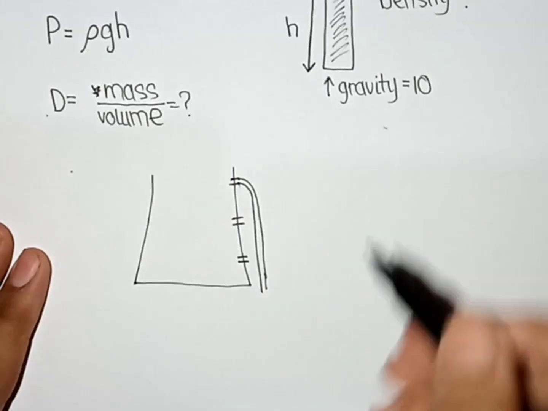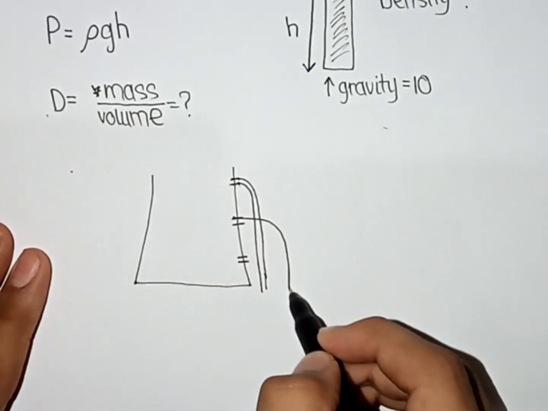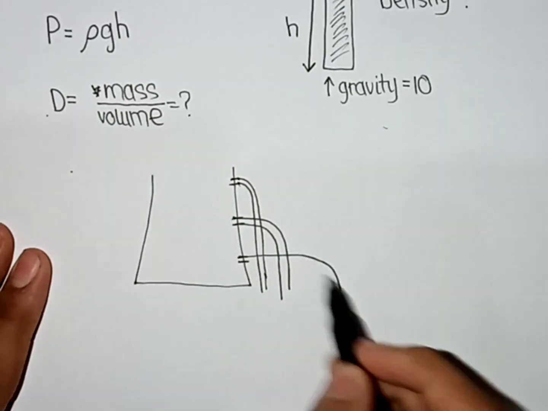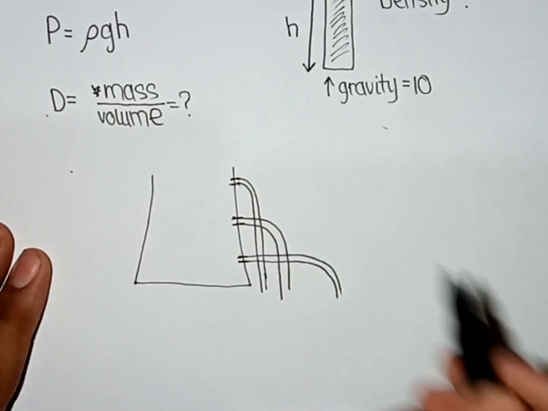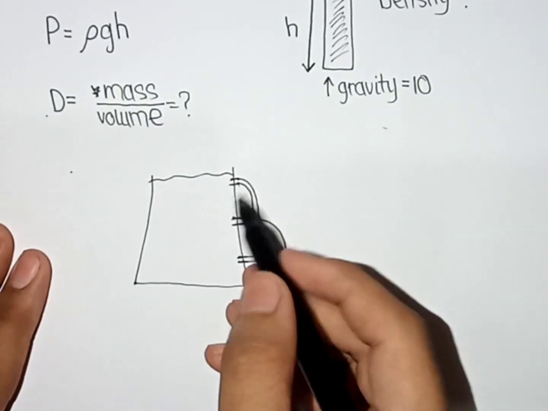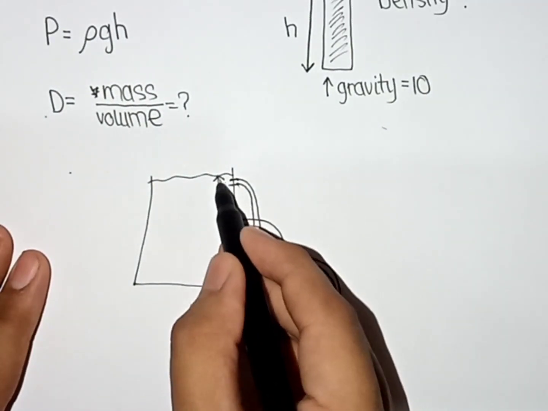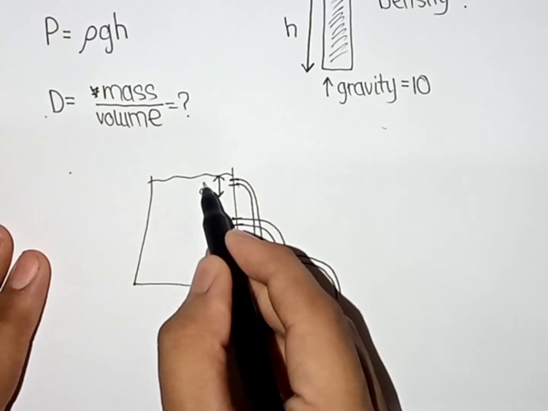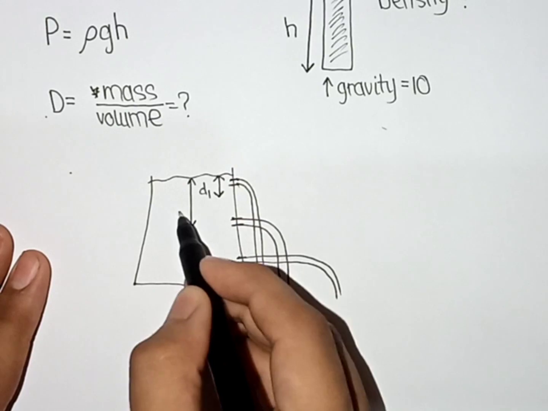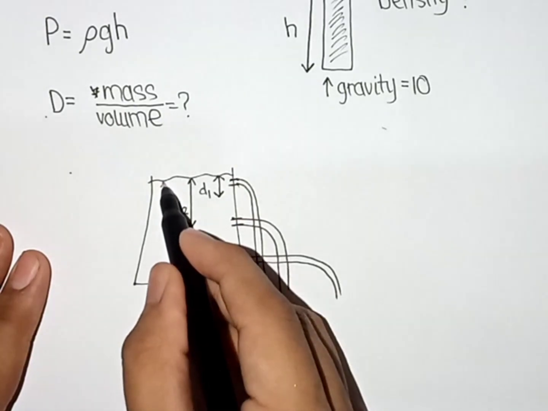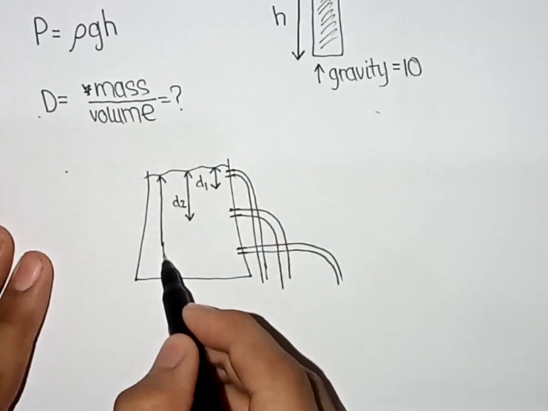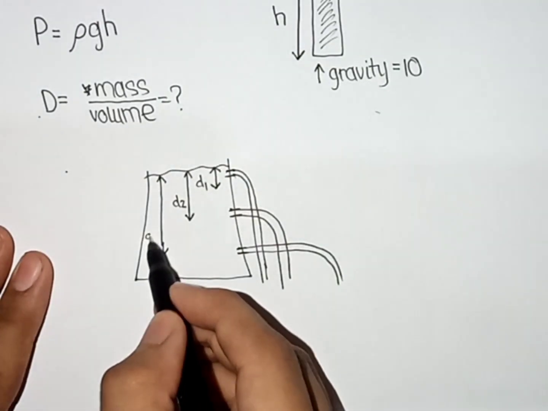From here the water will pass like this, from here the water will pass like this, and from here the water will pass like this. So this is known as depth 1, this is known as depth 2, and this is known as depth 3.